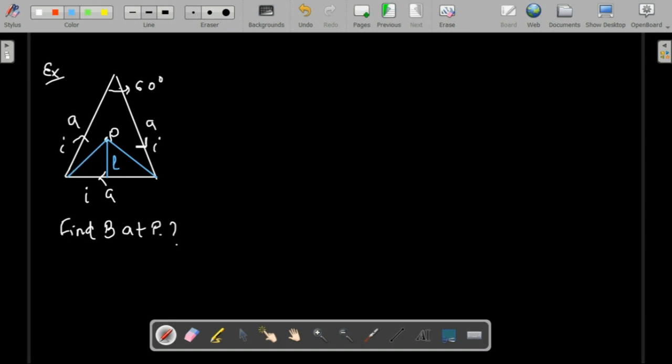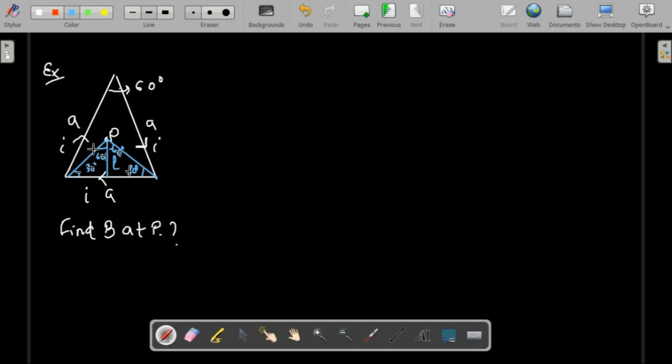This is 60 degrees, so half the angle would be 30 degrees. And if it's a centroid, the angle subtended at the center is twice the angle subtended here. So this is going to be 60 degrees, this is also 60 degrees. That property of triangle we should actually know. 60 plus 30 is 90, and this would be 90. This is 30. So we know it.